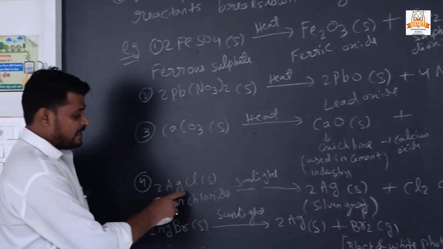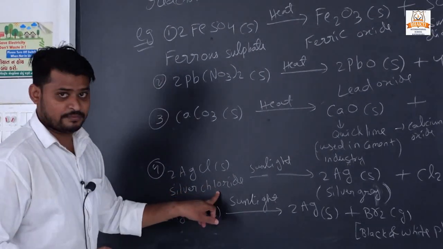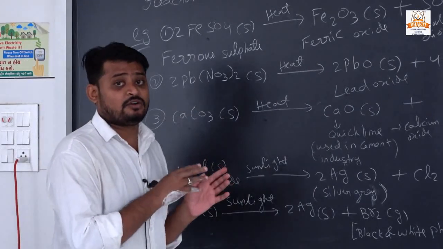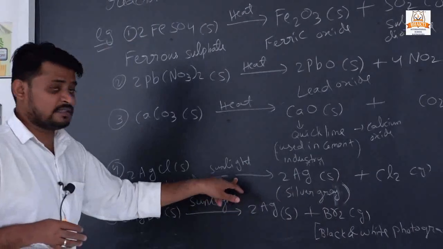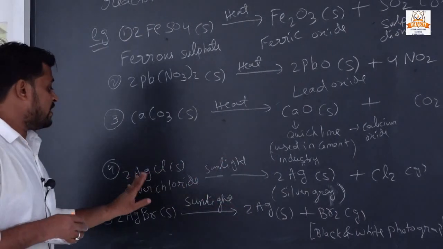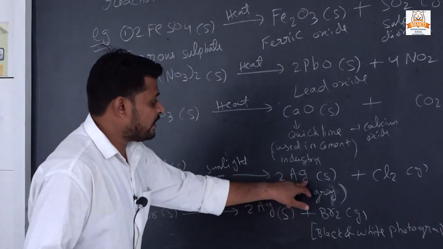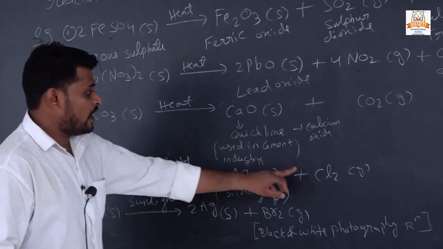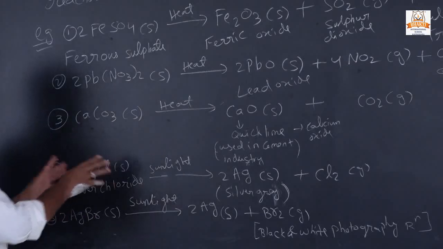Now the fourth example is AgCl, silver chloride. In this reaction we are not giving heat; it gets sunlight. When it gets sunlight, the AgCl converts into silver, whose color changes to gray, and Cl2 is separated.